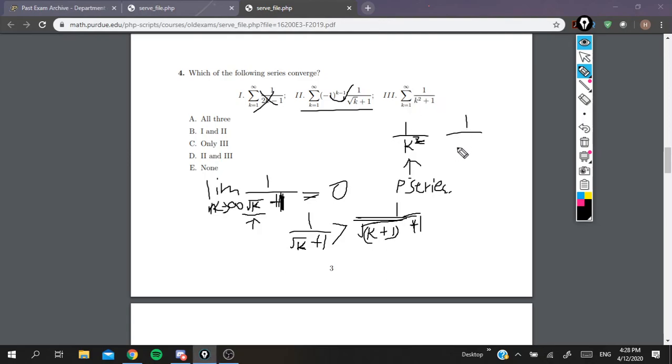And when you compare it to the actual series, it's a little smaller since it's plus 1 and the denominator is bigger. In turn, the fraction is smaller. So when you're direct comparing to a series that is convergent and is smaller, then that makes the series convergent. So it should be choosing D here.